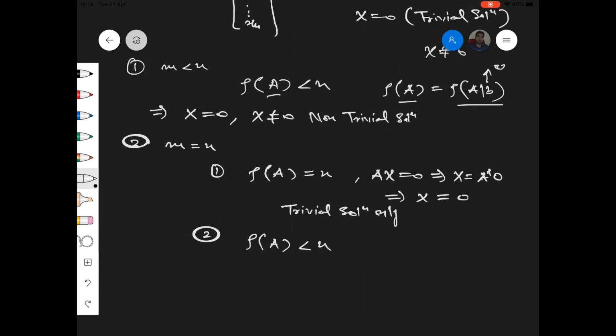The other case in this particular scenario: rank of A may be less than n. In that case, it will follow the previous case 1, and it will have non-trivial solutions. See, the trivial solution is always there. The only thing is, in some cases we are expecting non-trivial solutions.